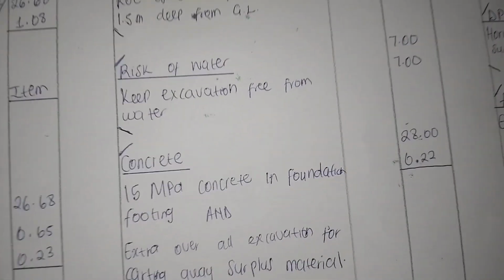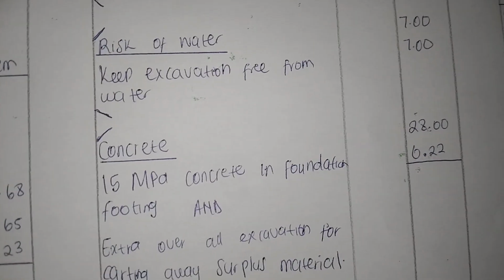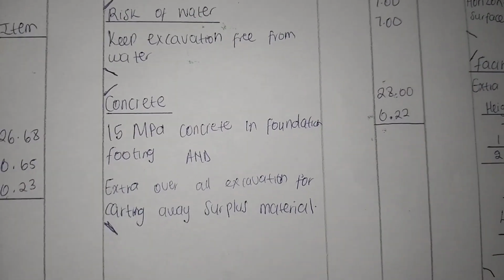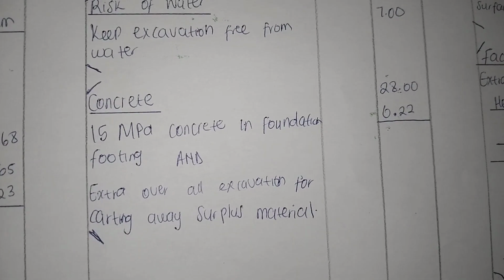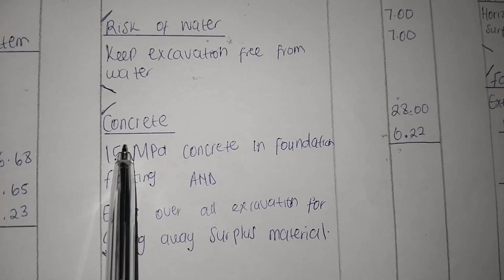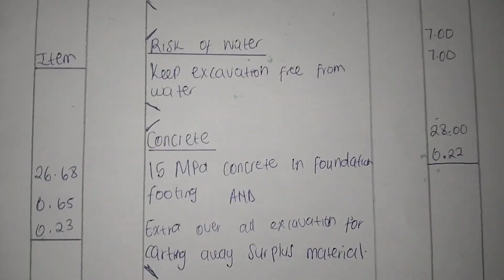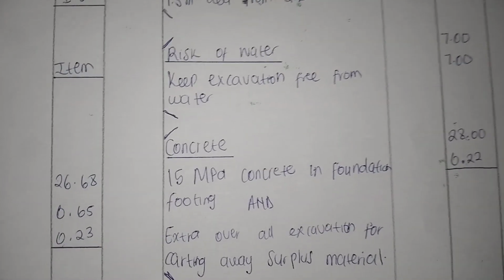Now coming to the concrete. Remember, you should write the descriptions, guys. For concrete, you should also write the heading so that a person who is going to see this is aware of what you're doing. Make sure that your calculations are not overcrowded.